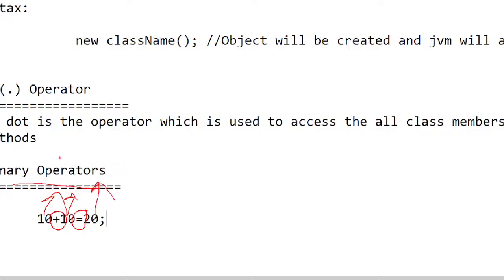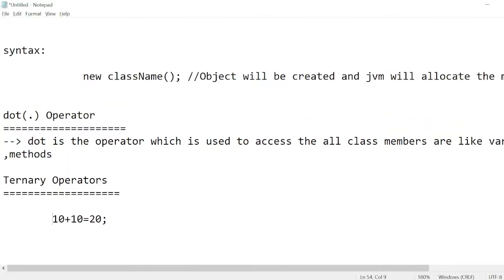So a ternary operator basically uses three operands. First it will check the condition. If the condition is true, then it will return one value. If the condition is false, then it will return the other value.